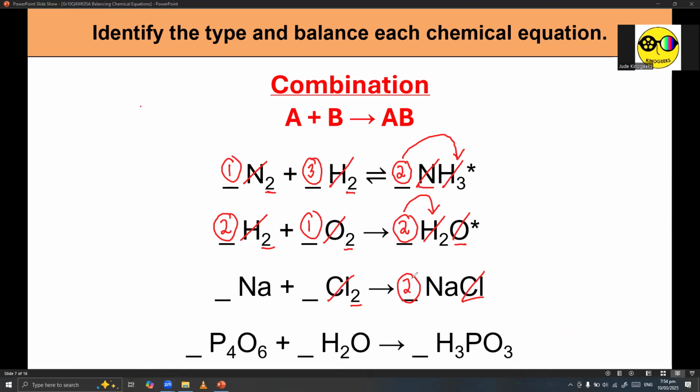As a consequence, Na is affected. So therefore, you have two sodium atoms at the right side and you only have one sodium atom at the left side. So you multiply Na by 2. And because at this point it is balanced, you write 1 for Cl2.